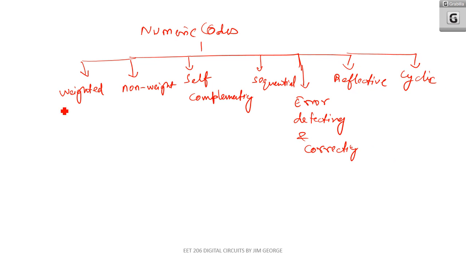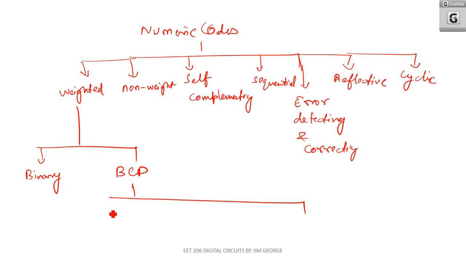We have two types of weighted codes, namely binary code and binary coded decimal. This BCD can be represented in 8421 form, 2421 form, 5211 form, then 6311 form.